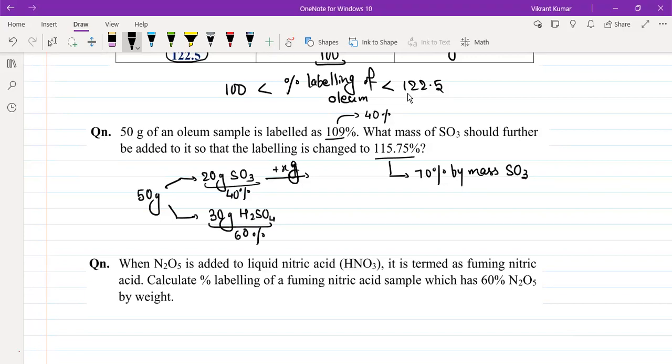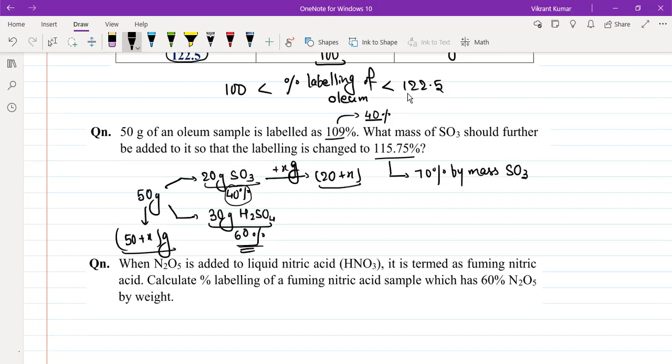Now, if you have added some X gram of SO3, this has become 20 plus X gram.